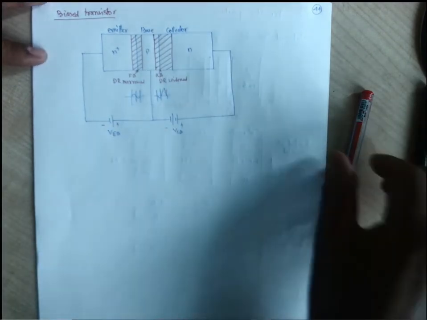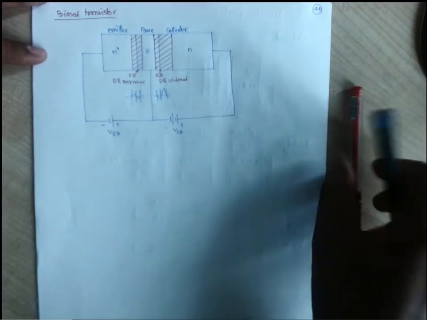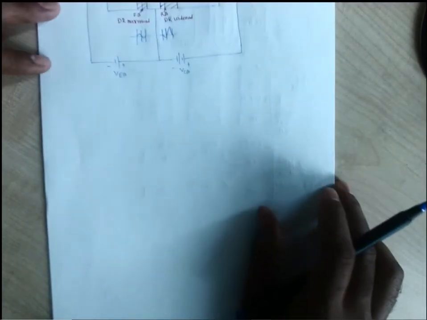Okay, now let us find out how these charge carriers move under forward biasing.